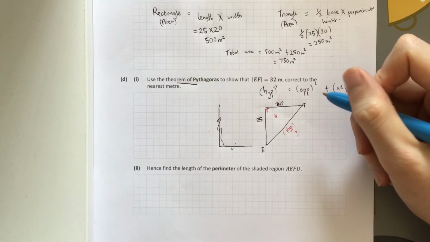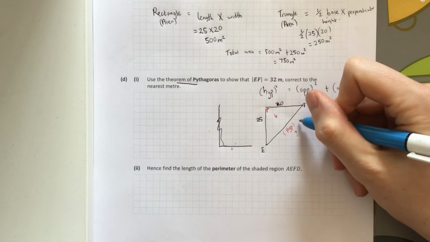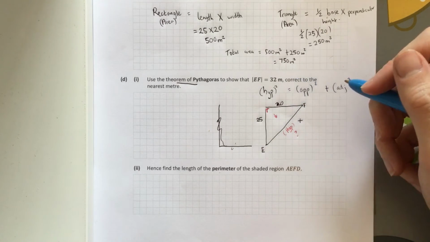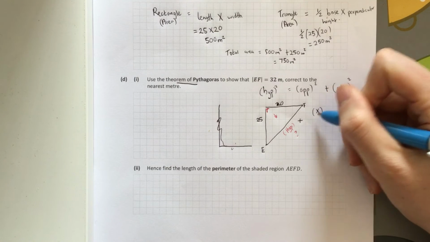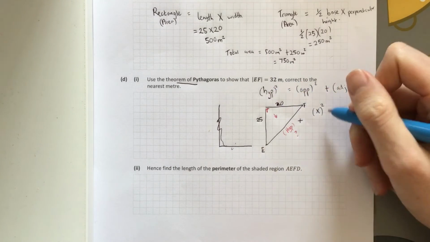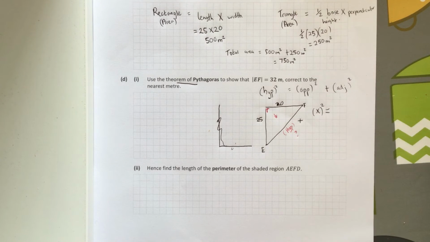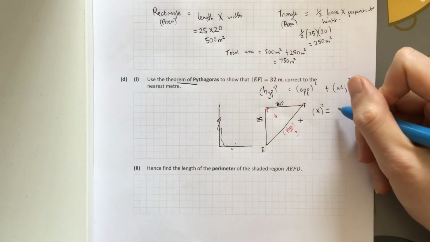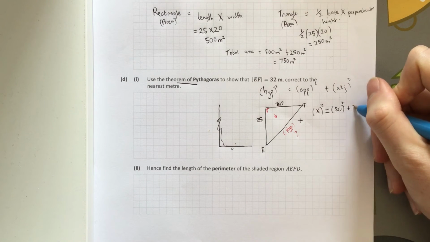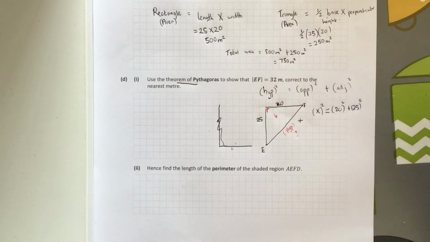So to do this question, we could call this x. We're going to fill in for the hypotenuse x squared. So the hypotenuse squared, x squared, equals the opposite, which in this question could be 20, so 20 squared, plus the adjacent squared, which could be 25 squared.